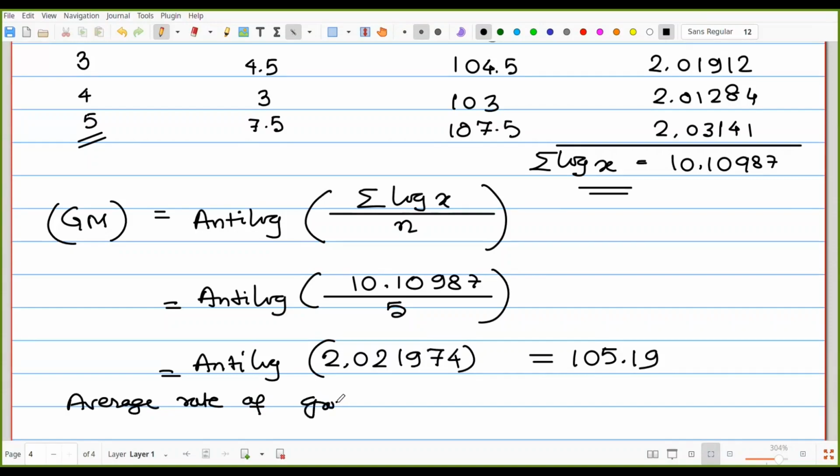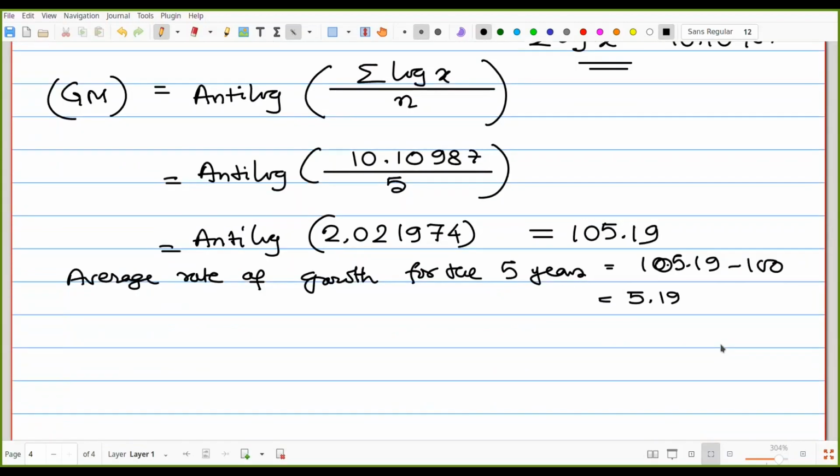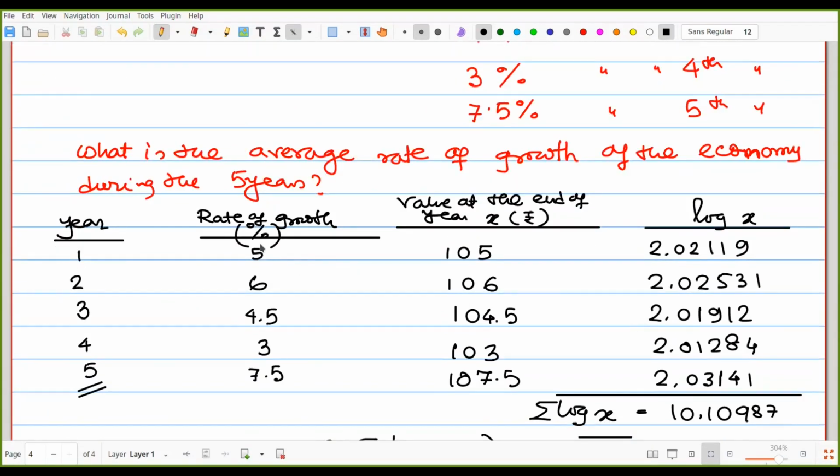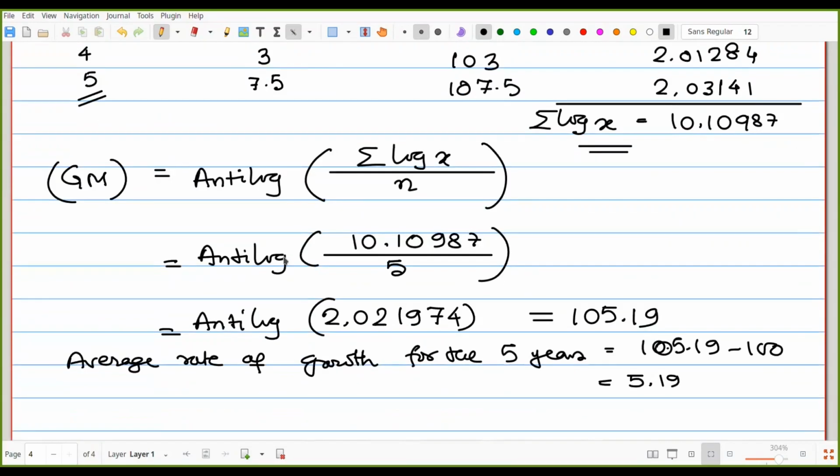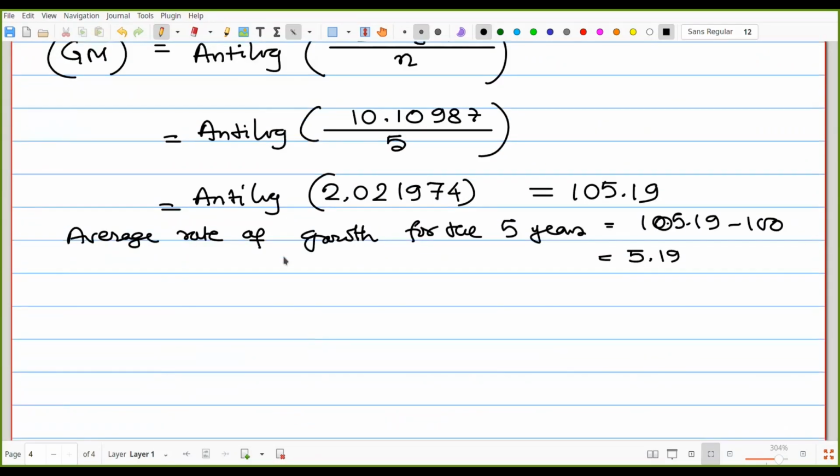So the average rate of growth for the 5 years is 105.19 minus 100, or 5.19. But already we have found all the things in percentage rate of growth, so there is no need to multiply it with 100.